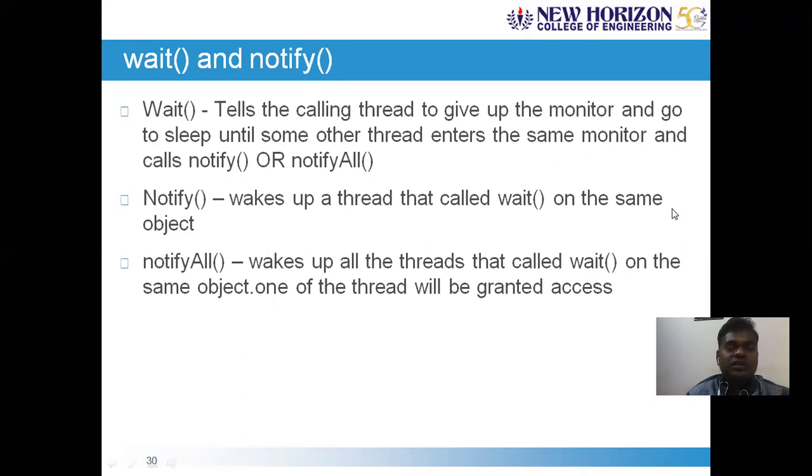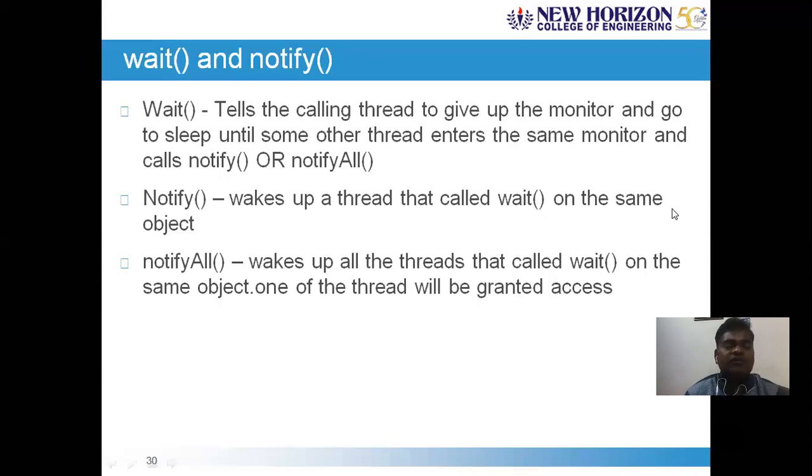Now T2 is running, and once T2 completes, if either the notify or notify all method is called, then the T1 which was in sleep mode will come back to the active, running state. Then T1 resumes and can continue with the remaining part of its execution if applicable.